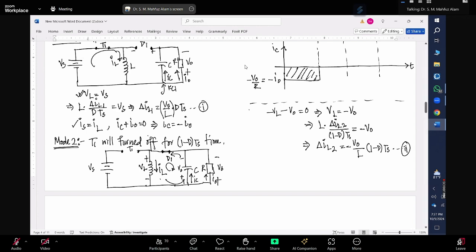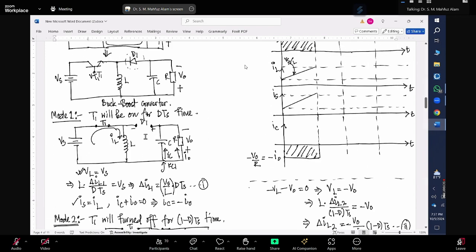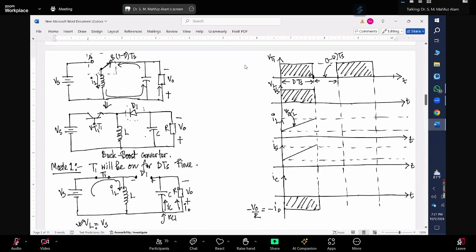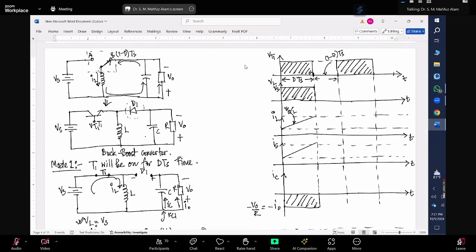Now, since this slope is negative, what will happen to the inductor current? The voltage across the inductor, we can write, should be my negative voltage, which is V naught. So it will continue like this: I will have positive voltage and then a negative voltage.